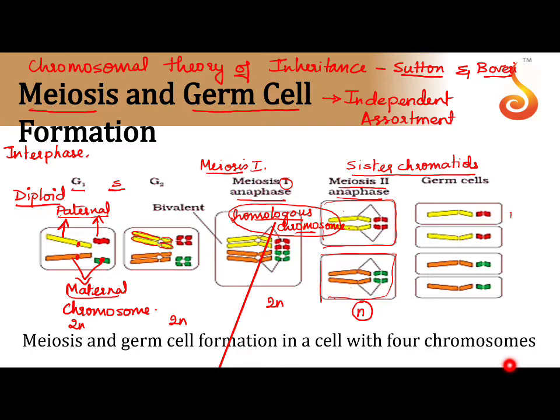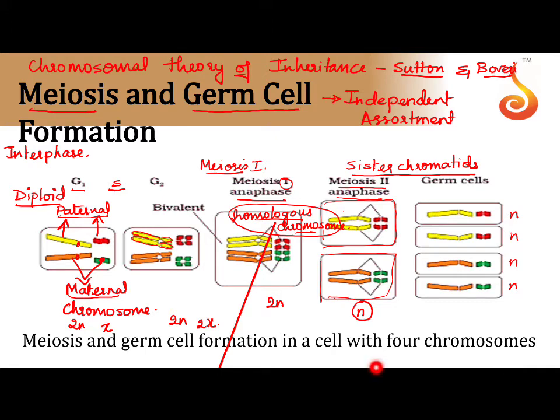So, here we are getting 4 cells of haploid condition. But how much are the chromatids? Chromatids have reduced. Assuming we started with X as chromatids, here we have become 2X.